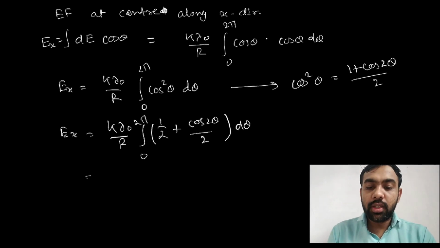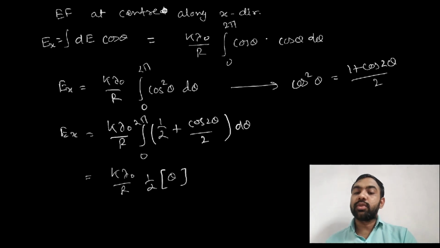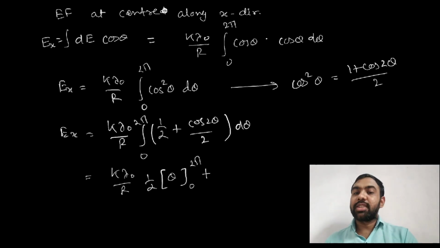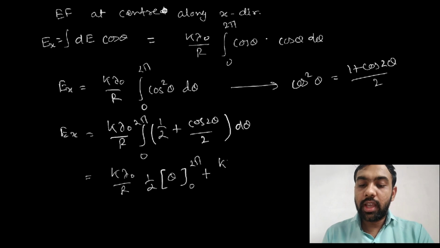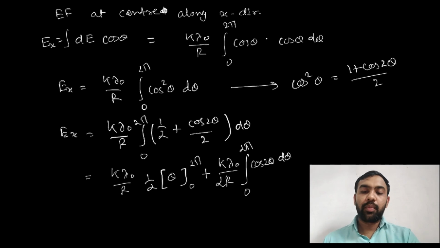Take the common terms out. So k lambda 0 upon r, 1 by 2, integration of 1 is what? Theta from 0 to 2 pi, plus, I am just taking it separately, k lambda 0 upon r integration cos 2 theta d theta upon 2, 0 to 2 pi.